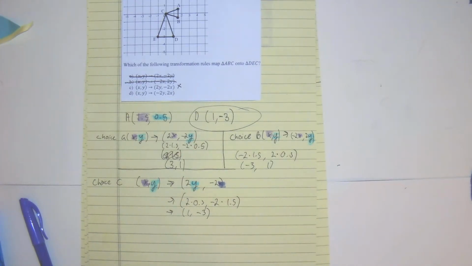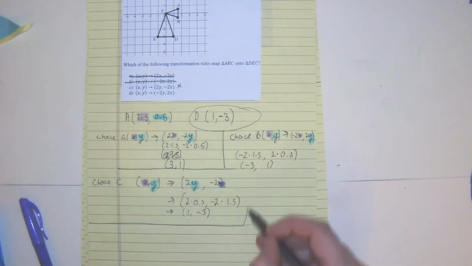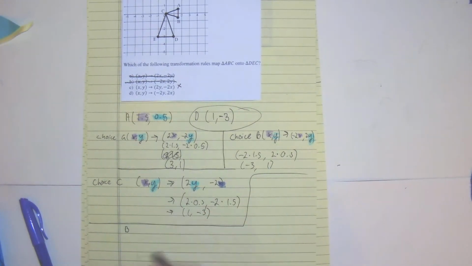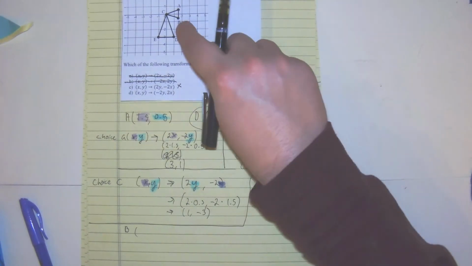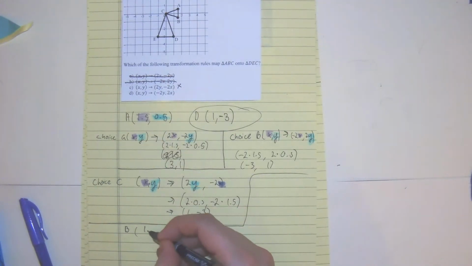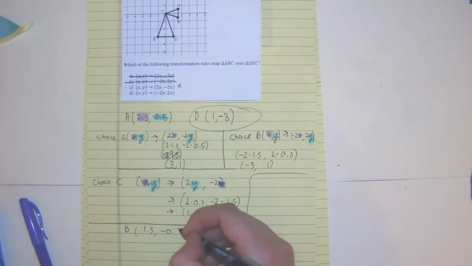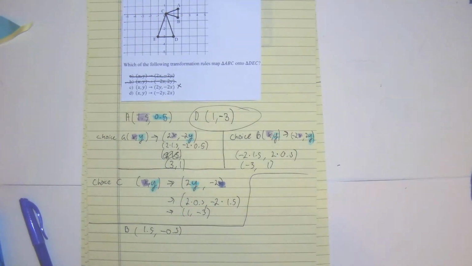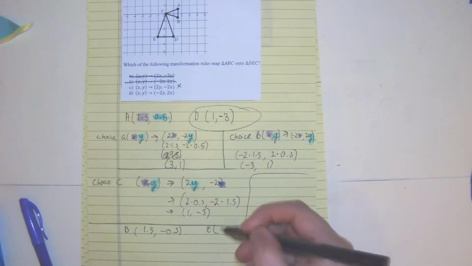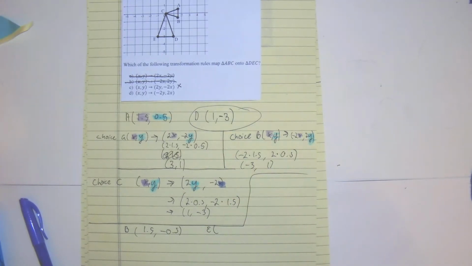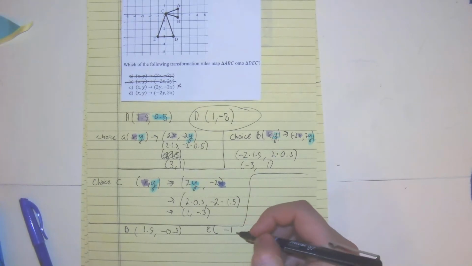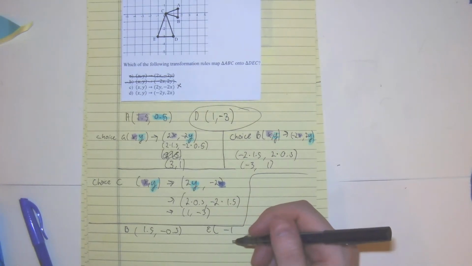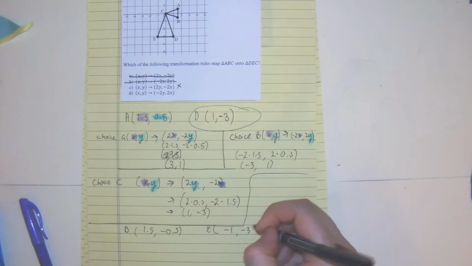And let's try it with the other point. So let's compare it to not C but B. So B is at 1.5, negative 0.5, and B is related to E, and E is at negative 1, negative 3.